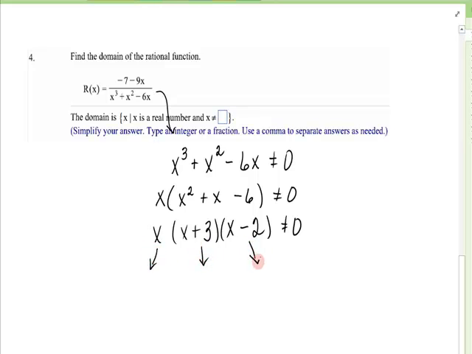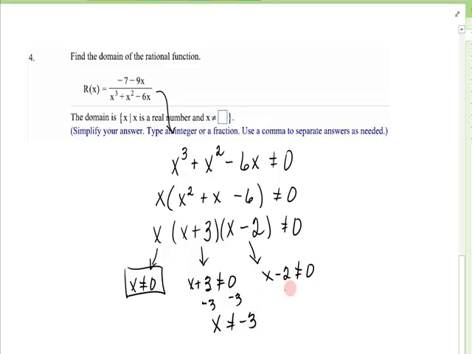I have 3 factors. I'm using a not equal to sign, but I'm doing everything like I did before. X cannot be 0. X plus 3 cannot be 0. X minus 2 cannot be 0. Subtract 3. X cannot be negative 3.